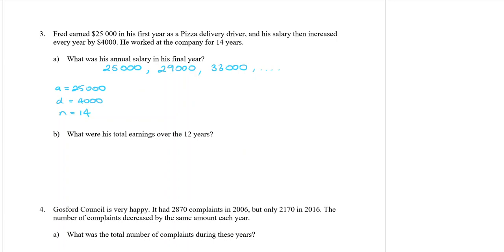The formula for the term of an arithmetic series is T of n equals A plus n minus 1 in brackets times the d. So we sub these things over here on the left, we sub them in. It will be term 14 will be equal to 25,000 plus 14 take away 1 in brackets times by 4,000.